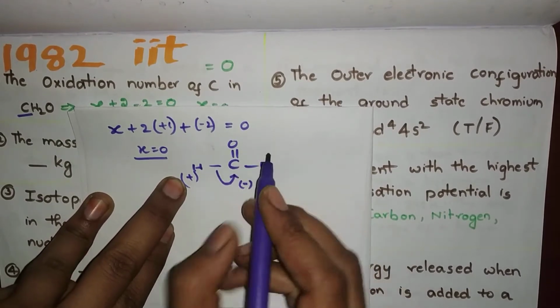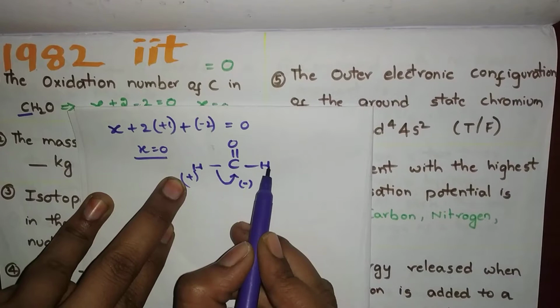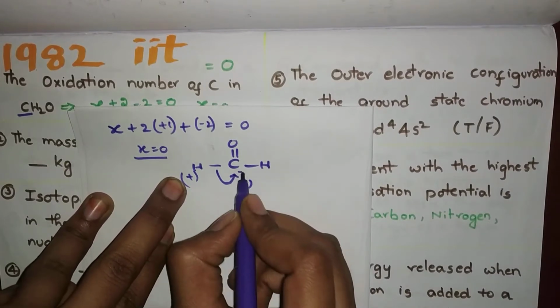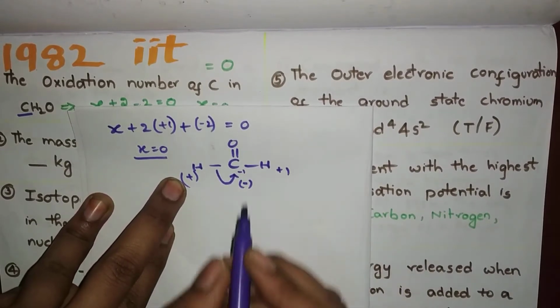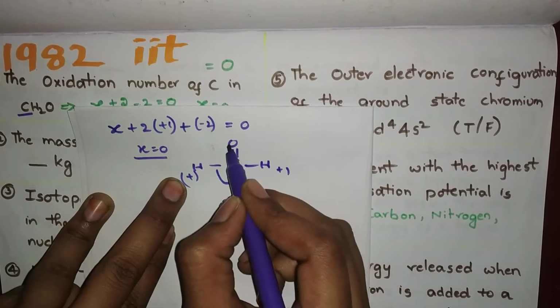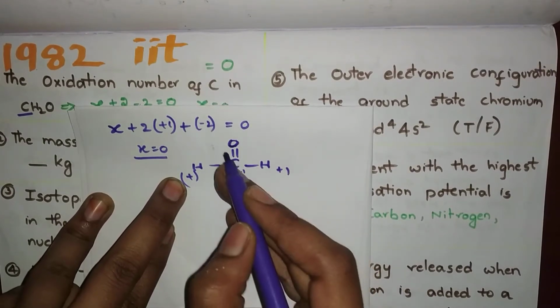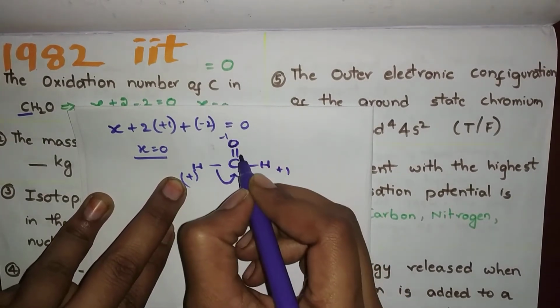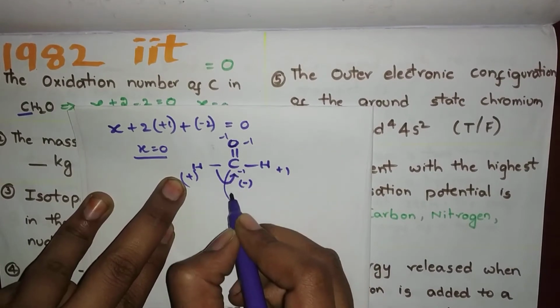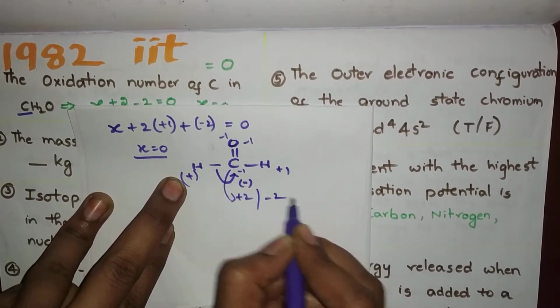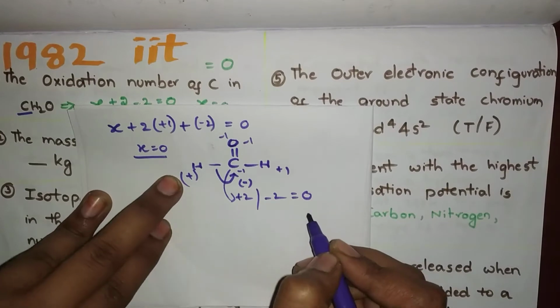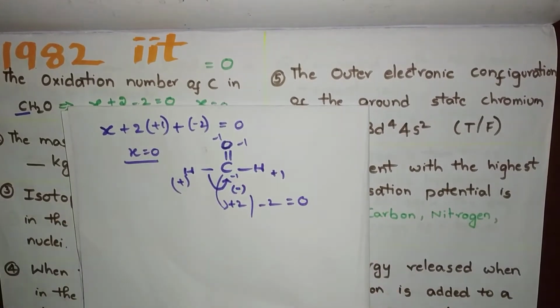And at the same time, this carbon is more electronegative than hydrogen, so put it here minus 1 and here plus 1. When you see this, oxygen is more electronegative than carbon. So here minus 1, for this here minus 1. Total here will be plus 2 and minus 2. Total it will be equal to 0. So on carbon the oxidation number is 0.